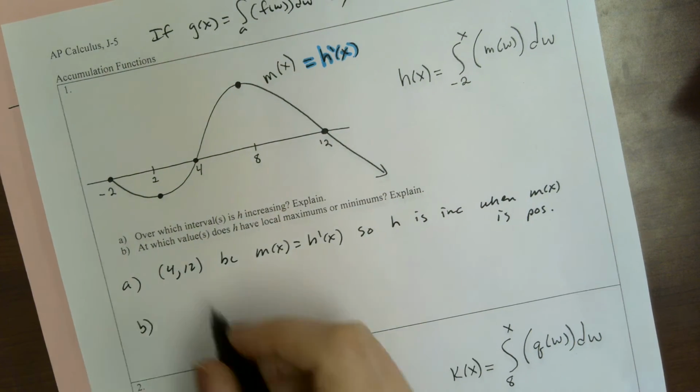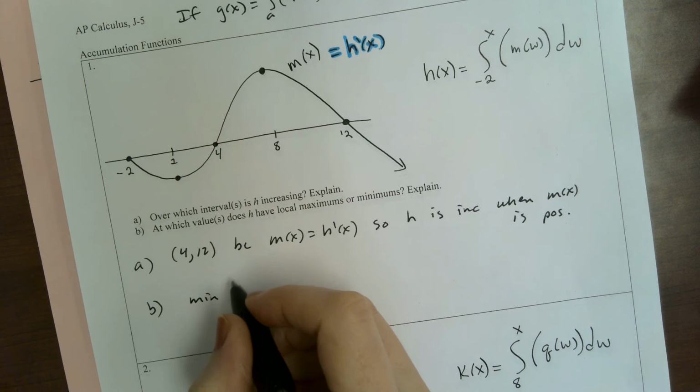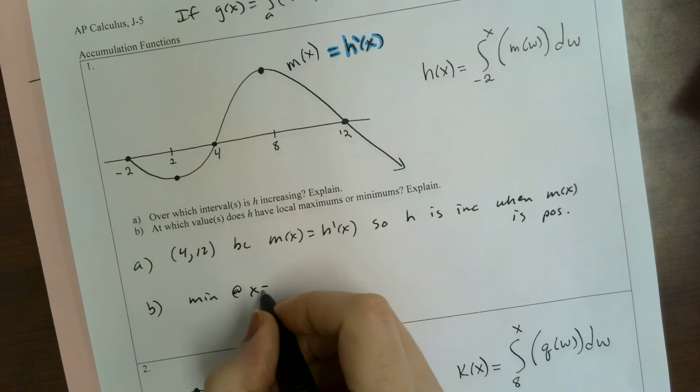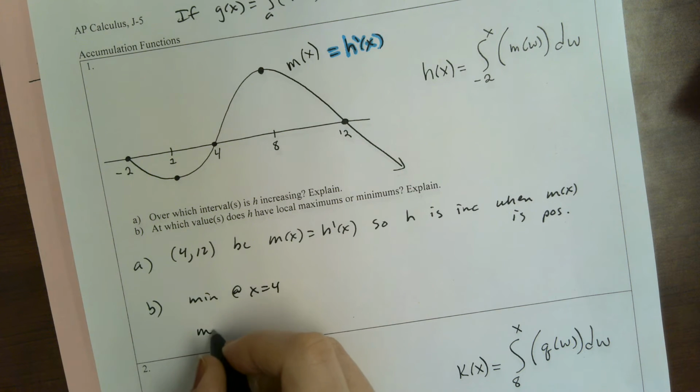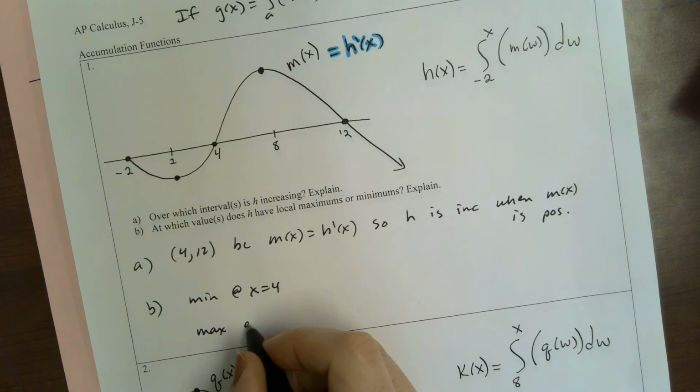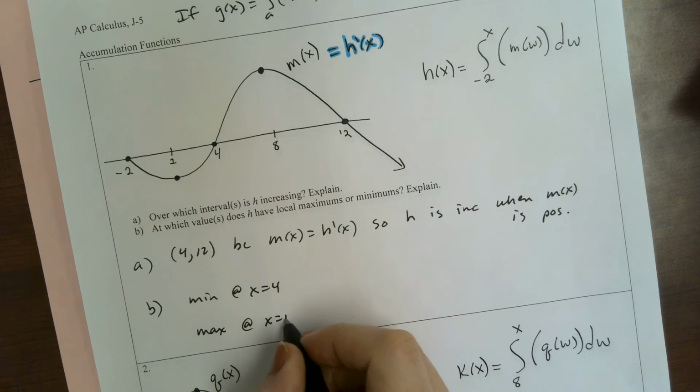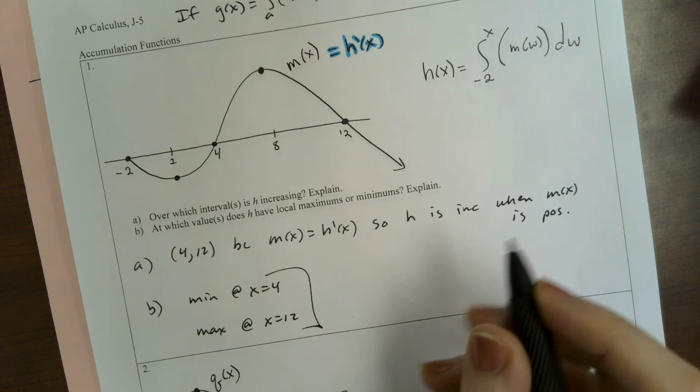So my answer, I'll have a min at x equals 4, and then I have a max at x equals 12.